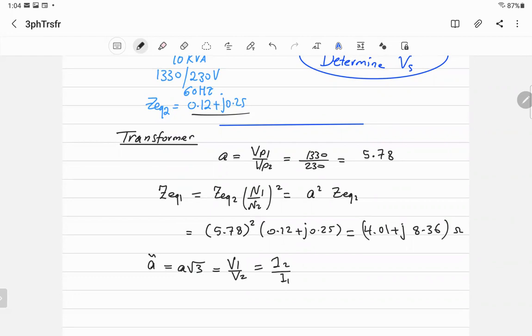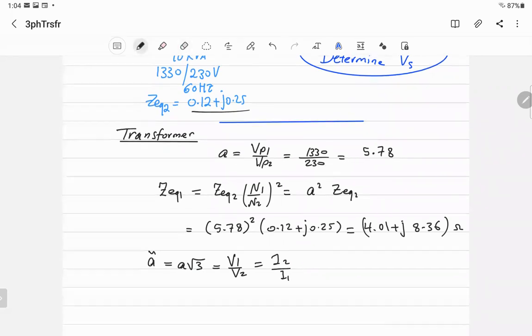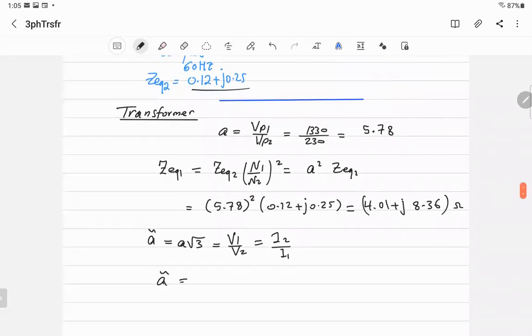The A for a three-phase transformer is equal to A square root of 3, and A, we got it here, equal to 5.78 times square root of 3. That would be equal to almost 10, like 10.01, something like that. So I make it 10. All right, so look what I did: turns ratio, equivalent impedance, and the turns ratio of the three-phase transformer.